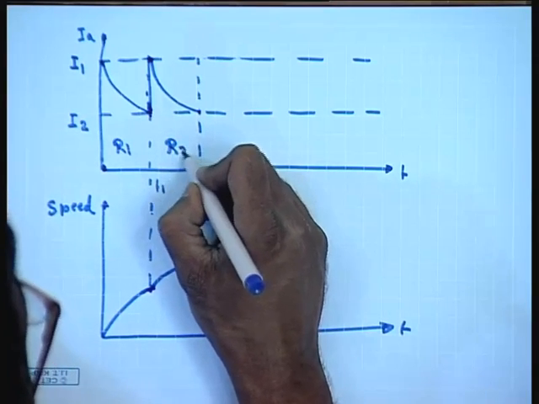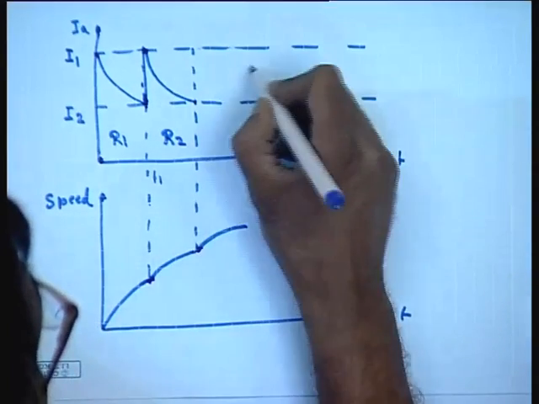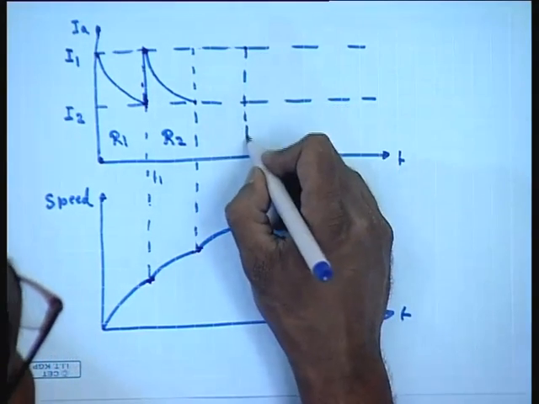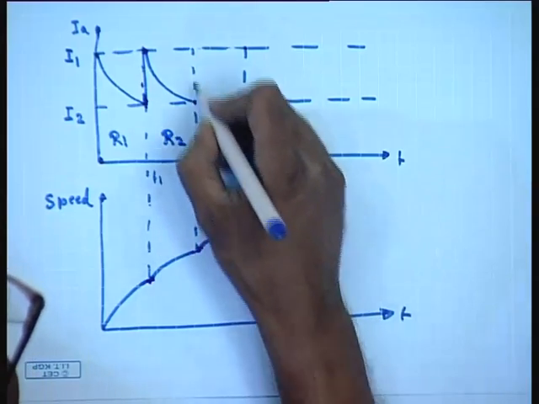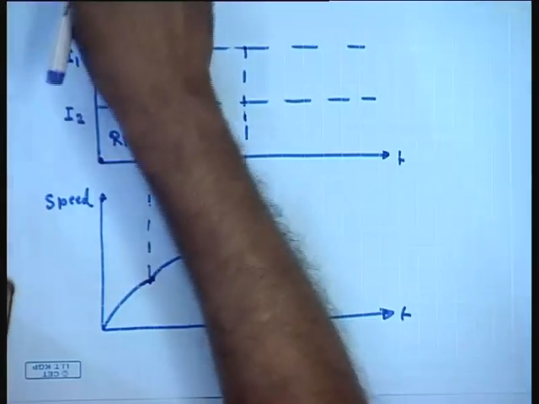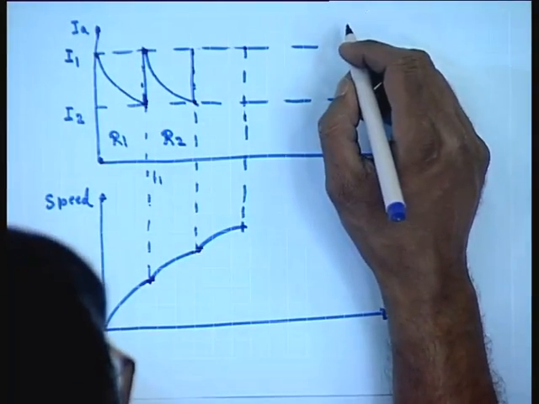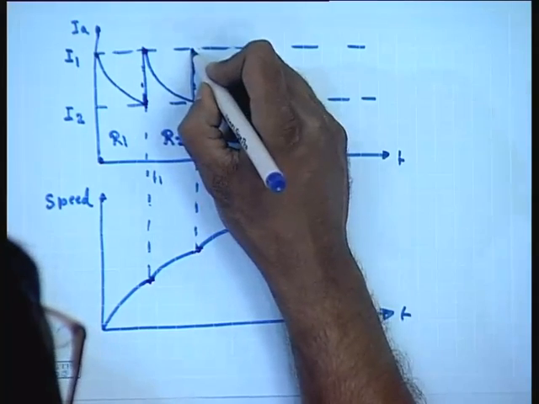Here it will be R2. Once the current again falls back to I2, C2 is closed and the current again jumps back to I1.